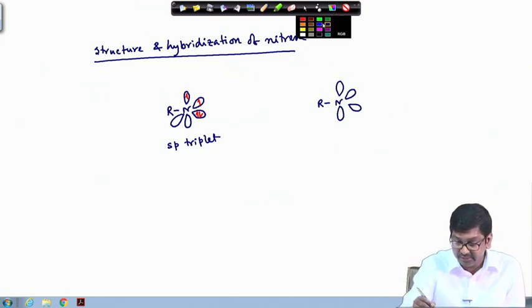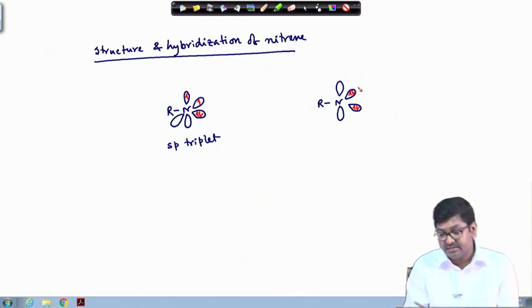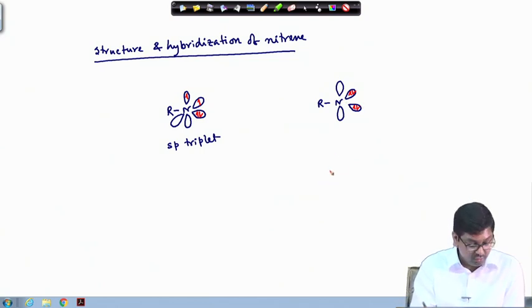Of the 6 total electrons, 2 are bonding electrons, 2 are lone pair electrons that are paired up, and another 2 electrons are paired up and stay here, so that it is in a singlet state. So the center is sp2 hybridized, an sp2 singlet.